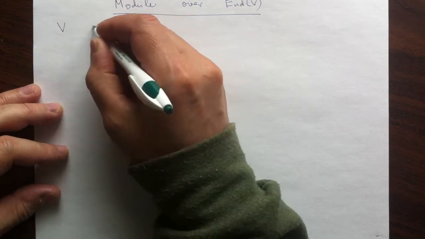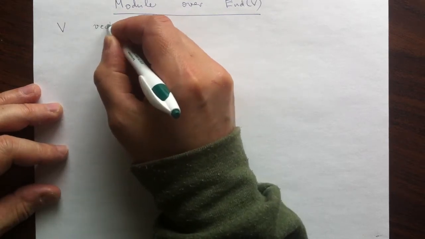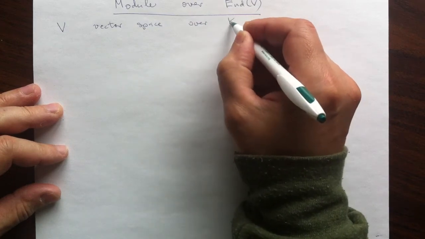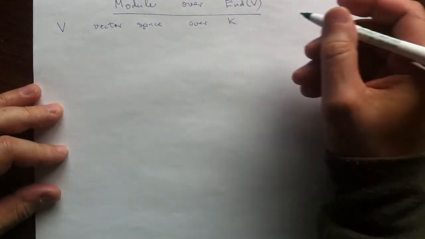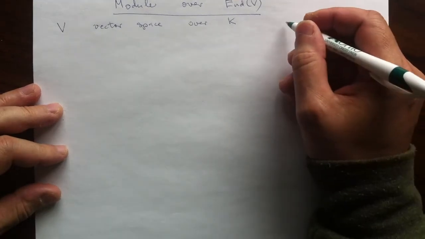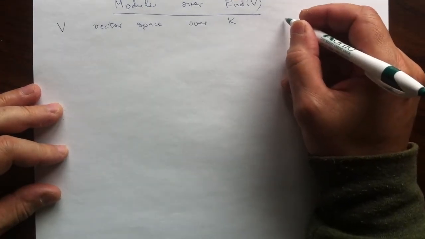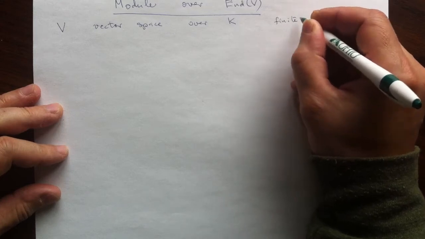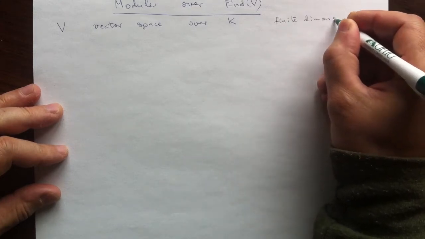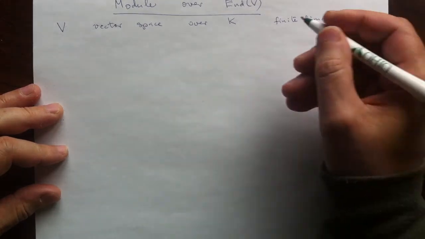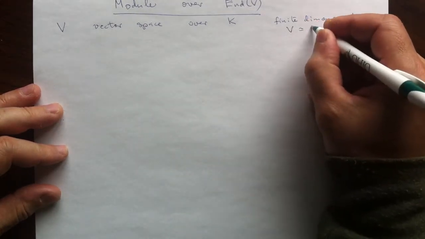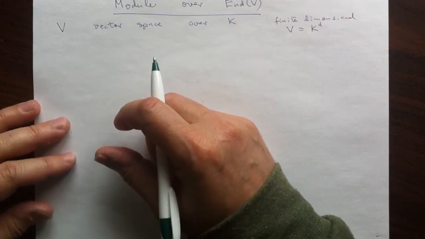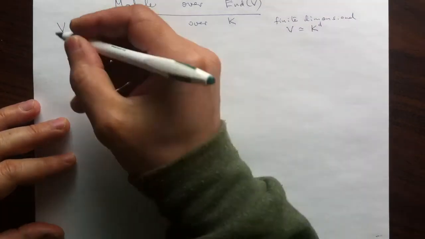So I'll start with a vector space over some base field K, and for all the discussion we can assume that this vector space is finite dimensional, and if we fix the dimension to be d, then the vector space can be identified with the coordinate vector space of length d vectors.